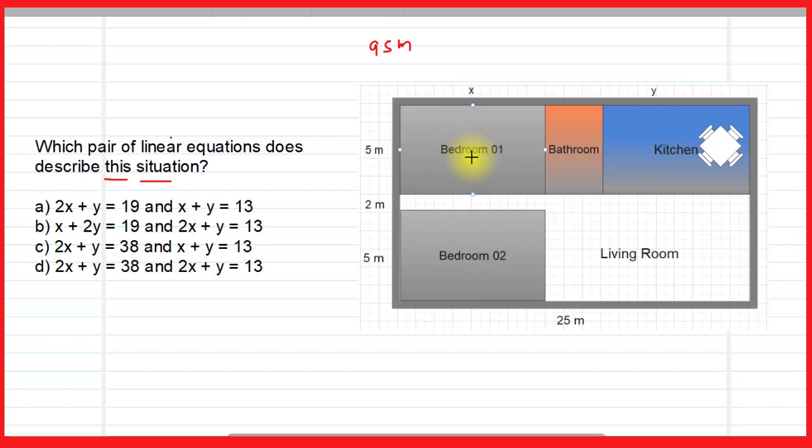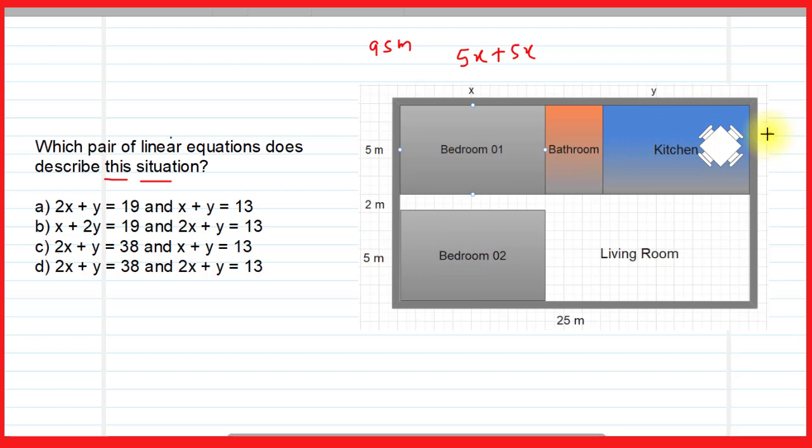The area of a bedroom will be length into breadth, so that will be x into 5, that is 5x. Correct? And similarly the area of the second room will also be 5 into x, that will be 5x.